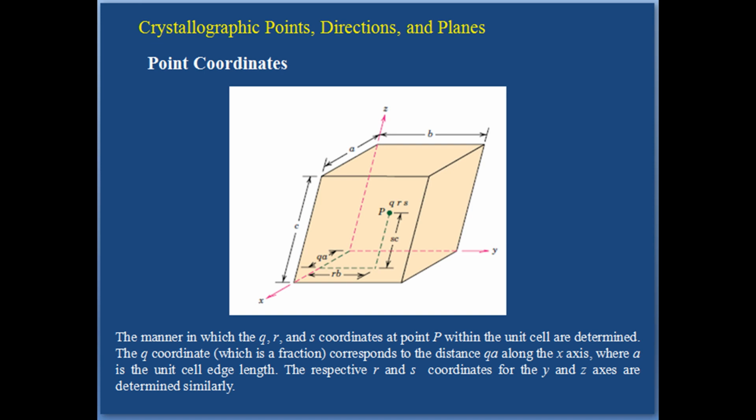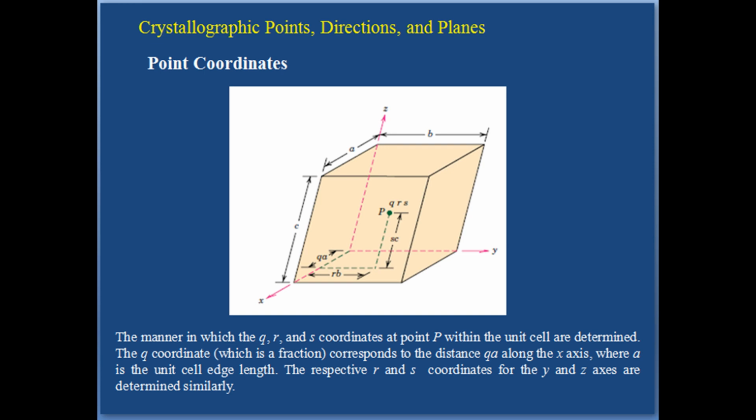We specify the position of point P in terms of generalized coordinates q, r and s, where q is some fractional length of a along the x-axis, r is some fractional length of b along the y-axis, and similarly s is some fractional length along the z-axis.